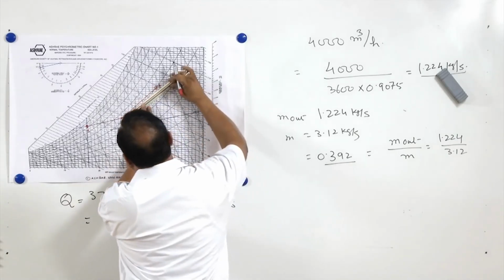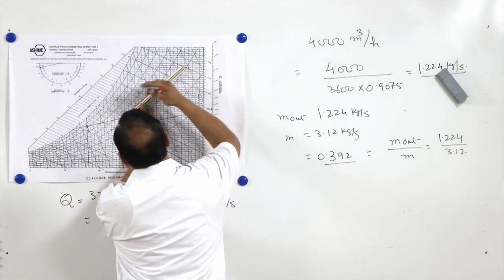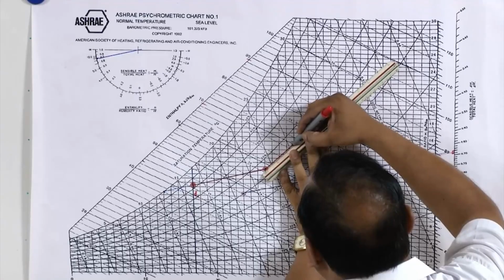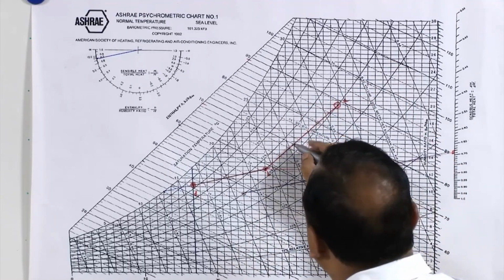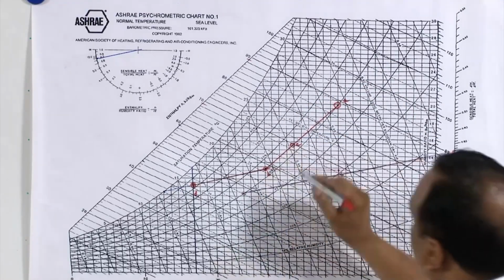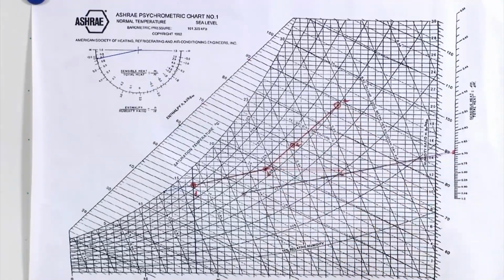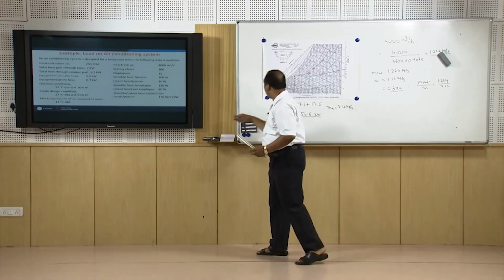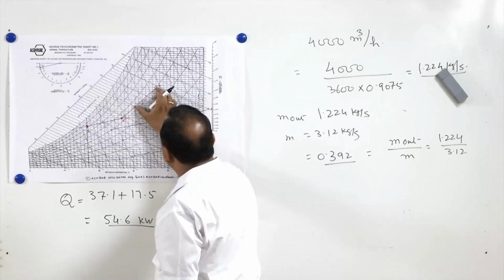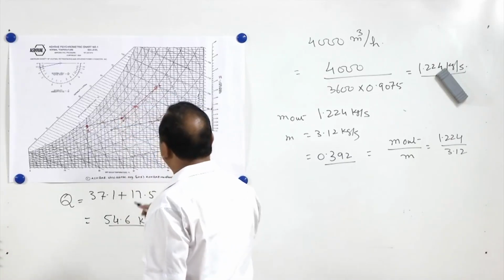And in this ratio, if we take the values, we will be getting somewhere here. This is point E. So this part is 0.608, and this part is 0.392.